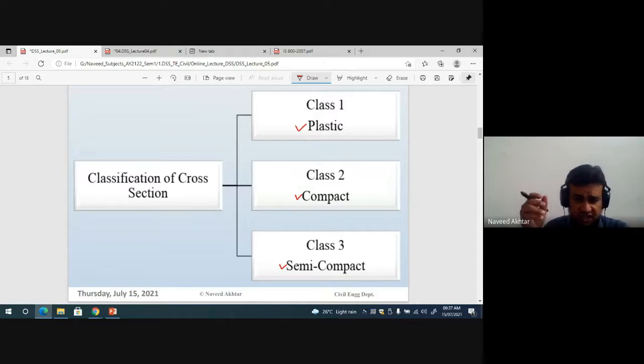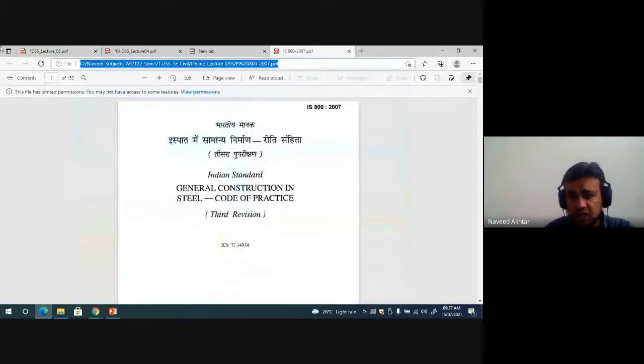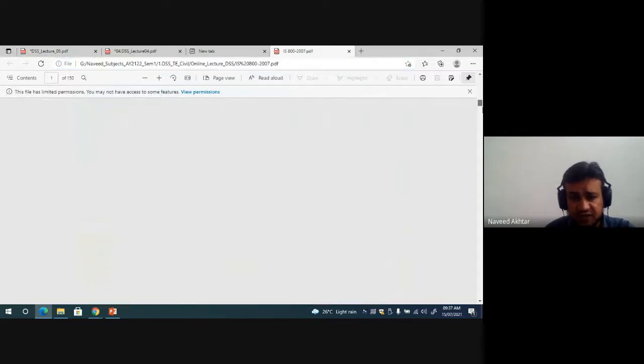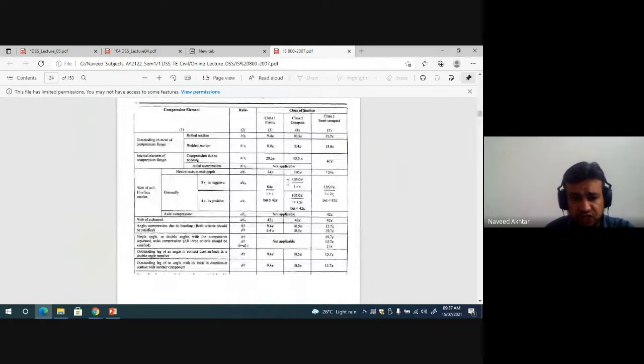So the section is classified based on its thickness to width ratio, and that is nothing but section classification. It may be an I section, channel, angle section, box section, rod, etc. You can classify the section based on the table and figures given in IS 800 2007. This part we are discussing is already given on page number 18. You can see here.